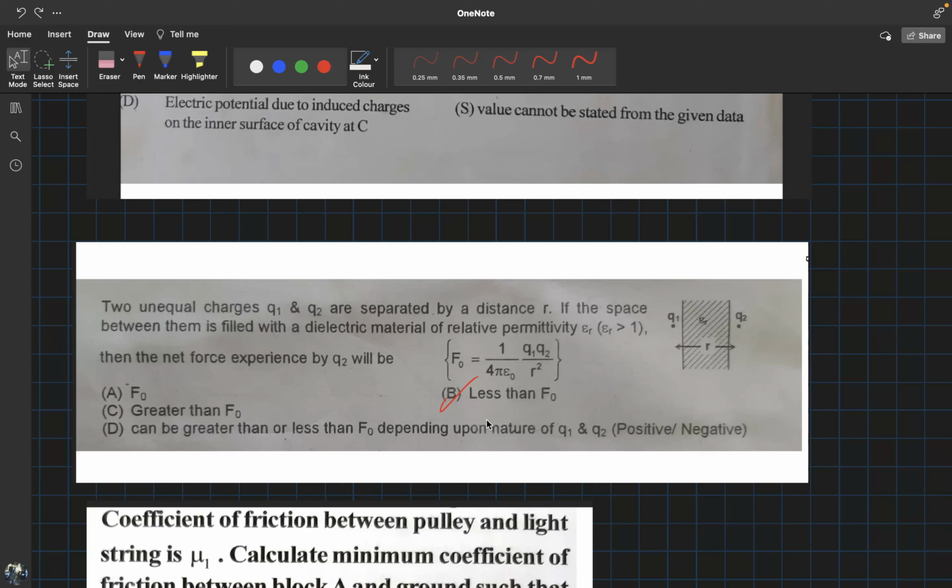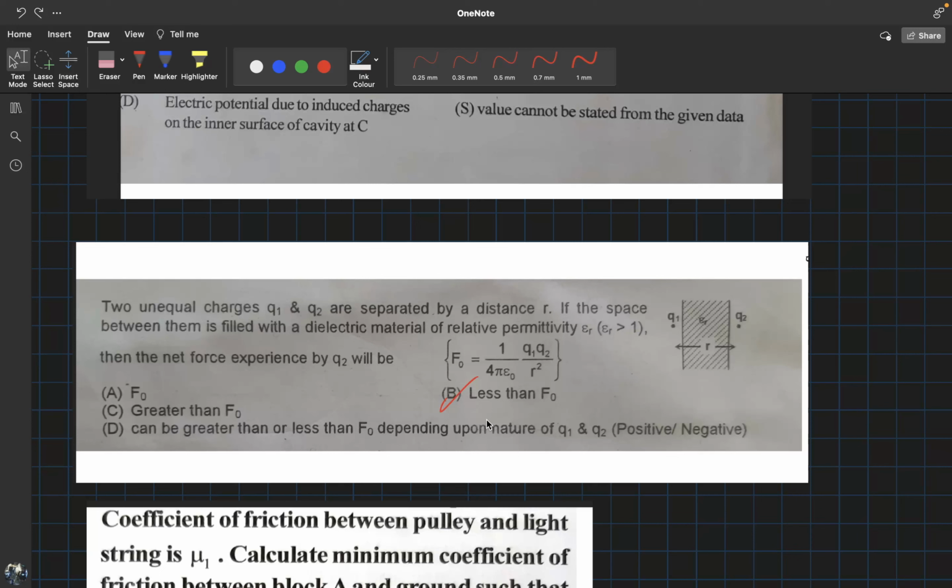But the total number of lines should remain the same. So some lines will just go in the opposite direction. I mean, they'll go to infinity. I don't know.